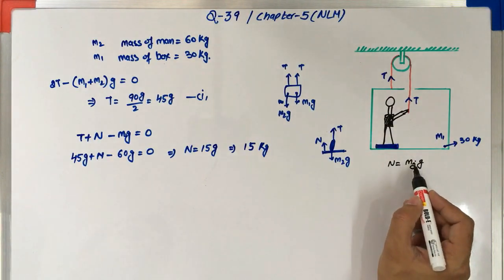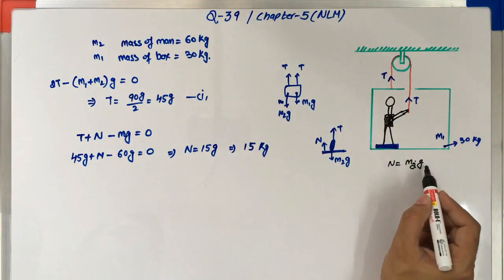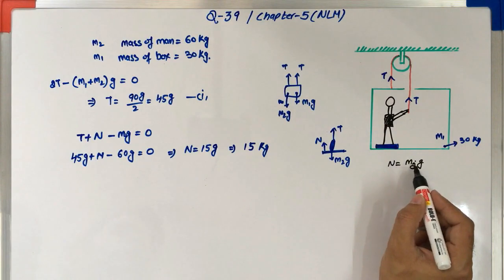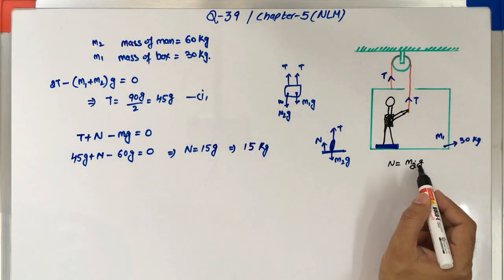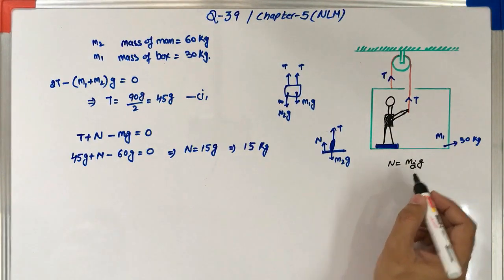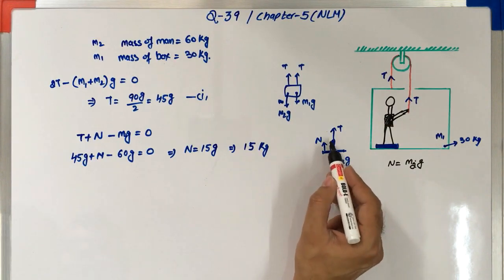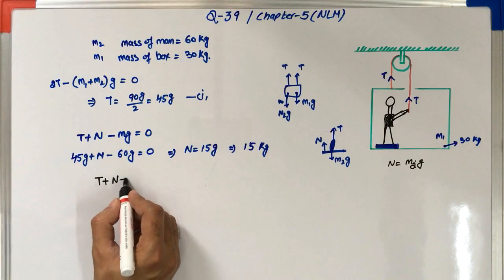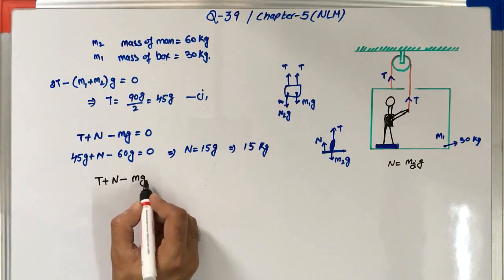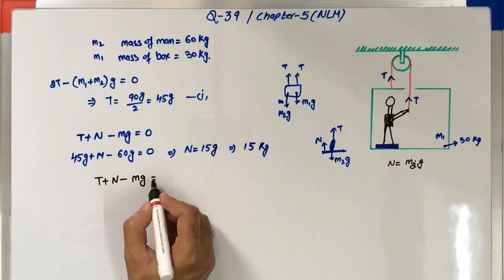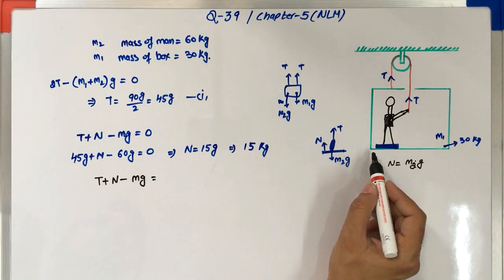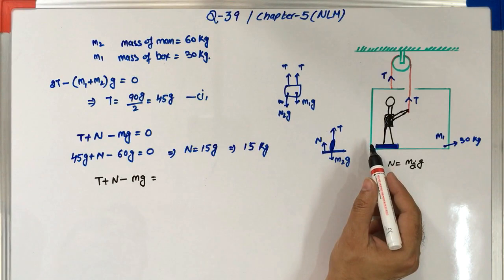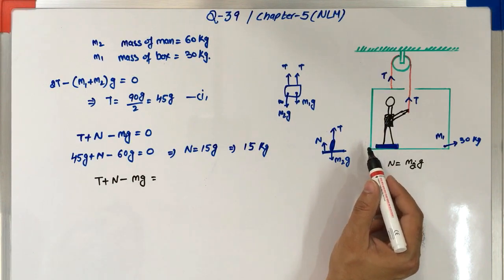From this diagram we can write T plus N minus m2g is equal to m2a, since the machine reads the correct weight when the system moves with an acceleration a.